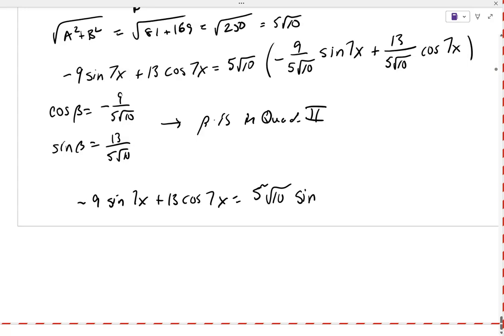And then it'll be sine of, what goes on the inside now? 7x. And then plus what? Yeah, the 2.176 angle we just found. This one's not going to be in terms of some fractional multiple of pi, because we're not finding the exact value. Questions on that one?